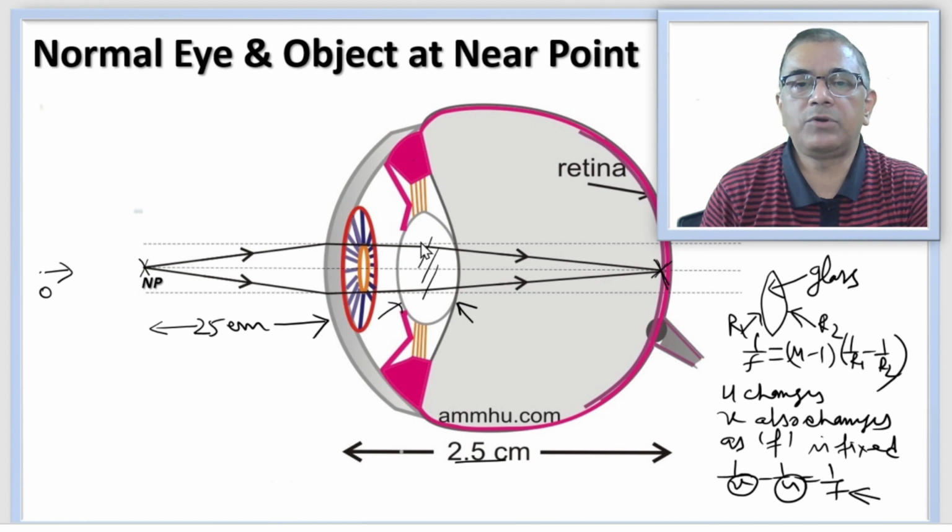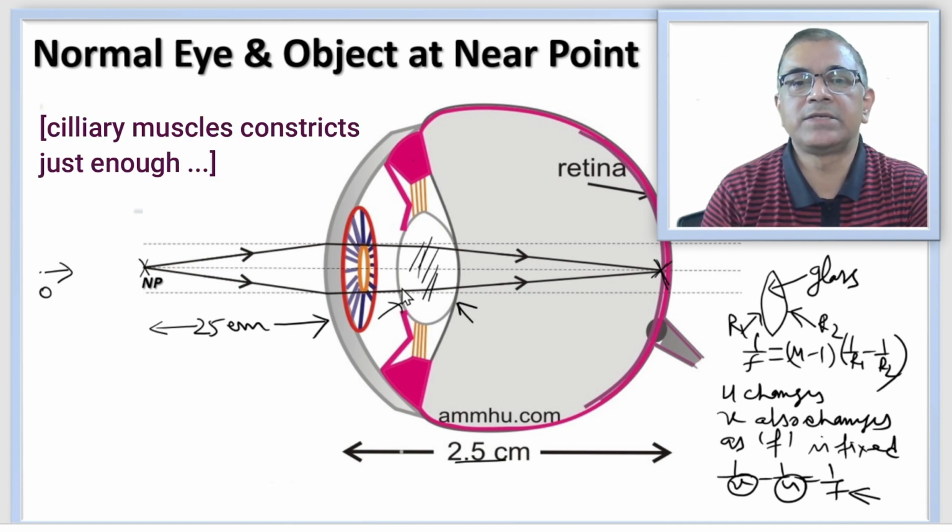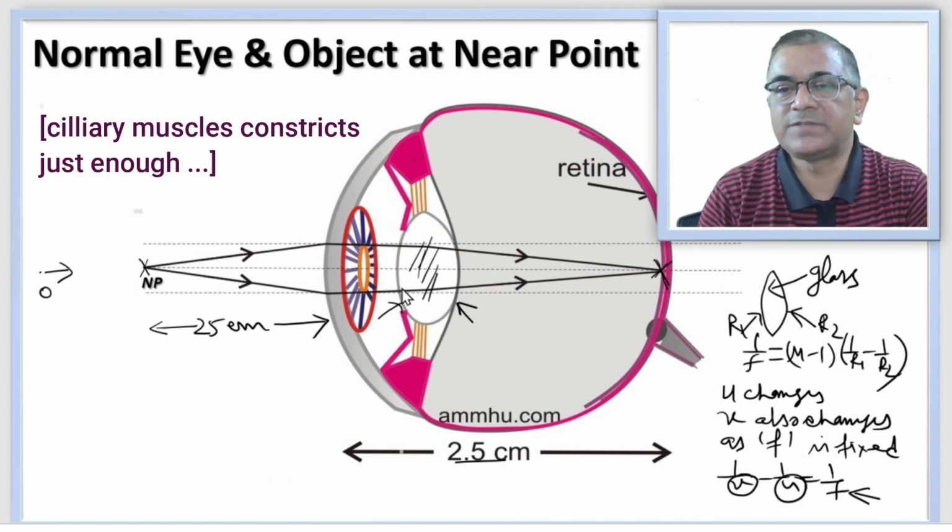And if we talk about the eye lens, then you will notice that the focal length of the eye changes because the ciliary muscles contract just enough to ensure that the image is always formed at a fixed distance on the retina.